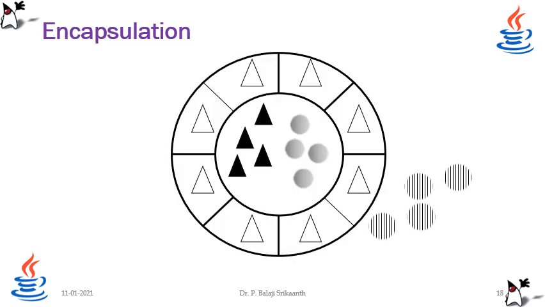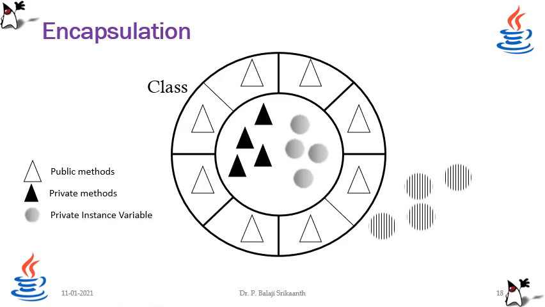This slide shows whatever was discussed in the previous slide. The white triangles signify public methods. The dark triangles are private methods.